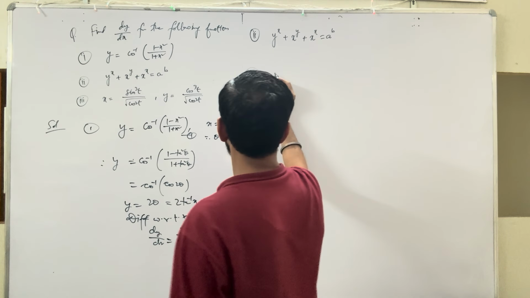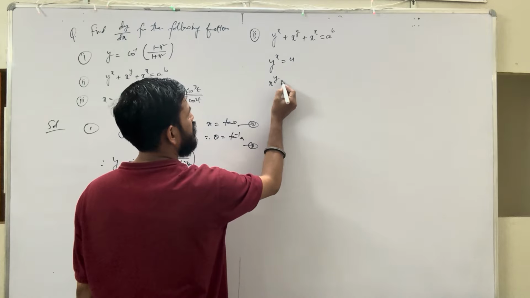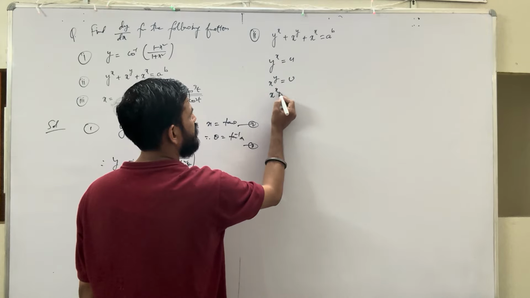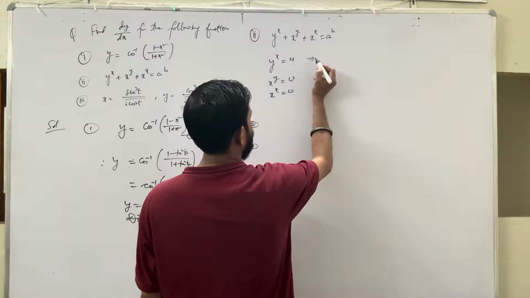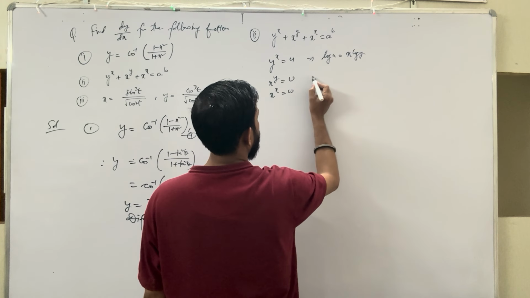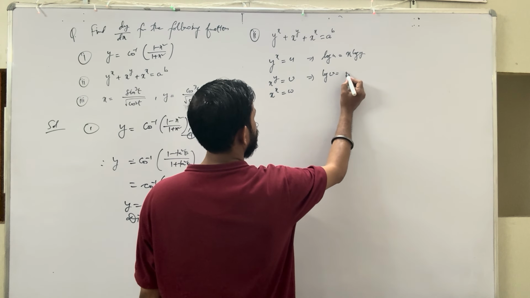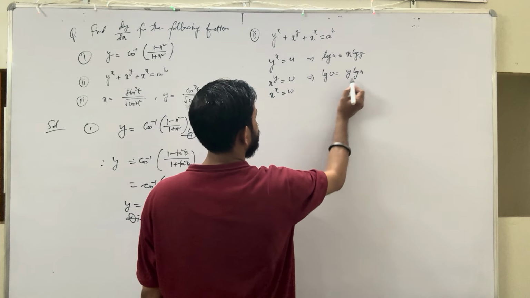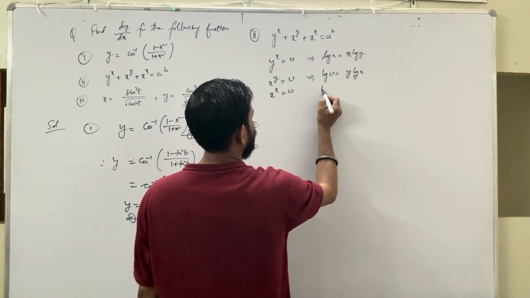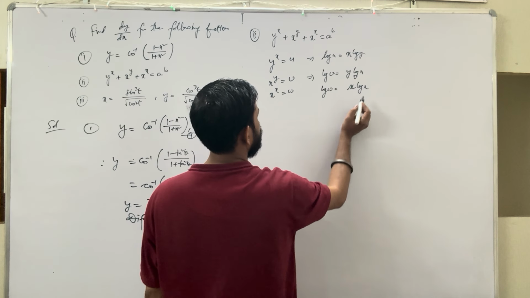In this case, we take y to the power x equal to u, x to the power y equal to v, and x to the power x equal to w. Now we take logs: log u becomes x log y, log v becomes y log x, and log w becomes x log x.